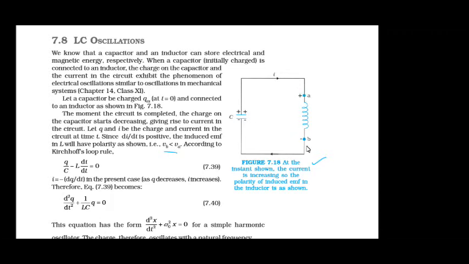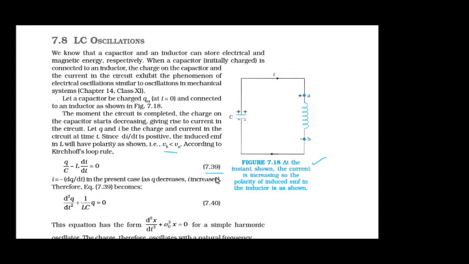According to Kirchhoff's rule, we can write Q upon C minus L di by dt is equal to 0.